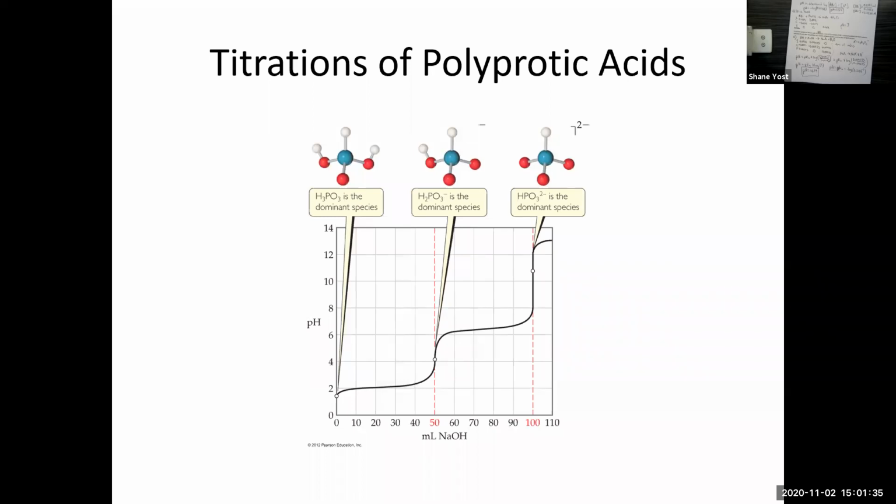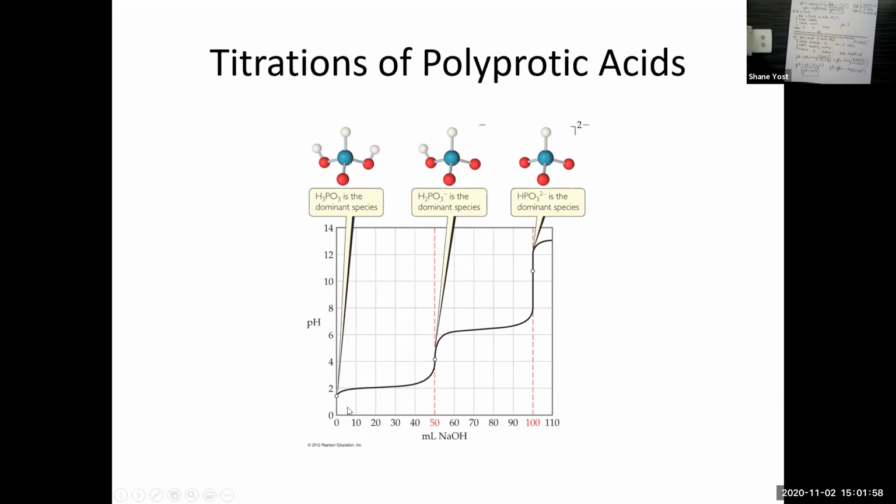So for polyprotic acids, right, we have multiple equivalence points because you have multiple acidic protons. Okay. So right, for H3PO3, for example, I start off with H3PO3 in solution, right? It's acidic. It's donating one of its protons in solution.